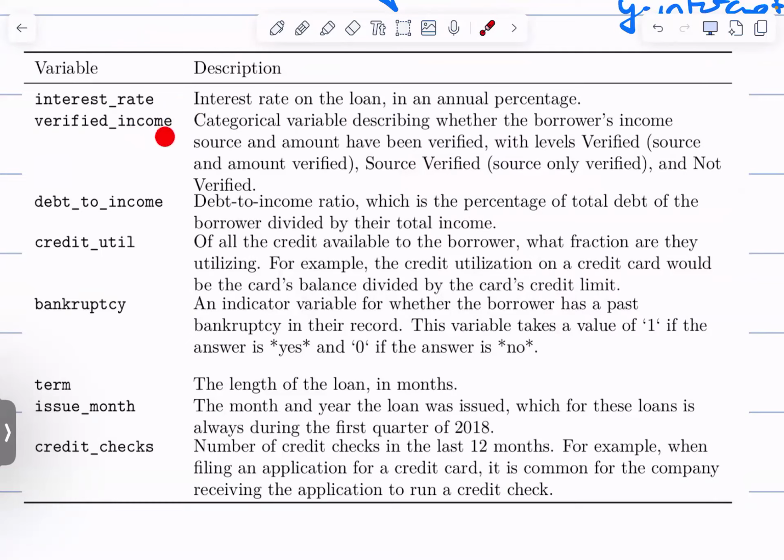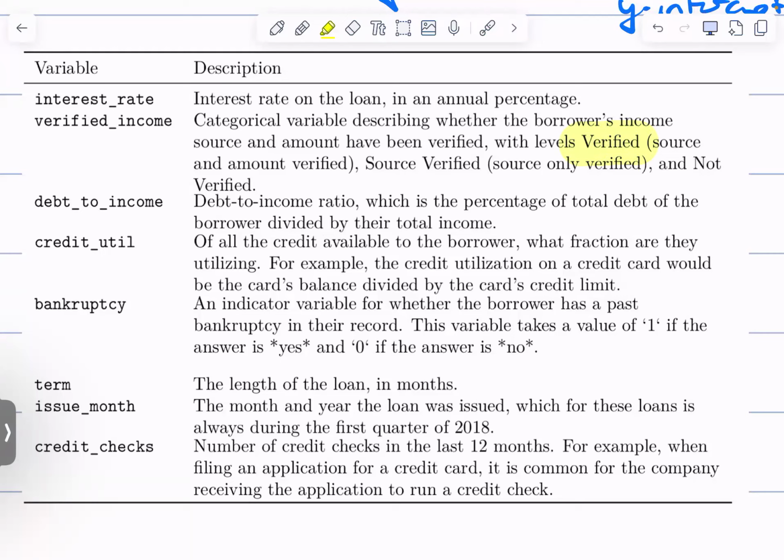Verified income is a categorical variable, and it has multiple levels. It can be verified, which means the source and the amount of their income have been verified.